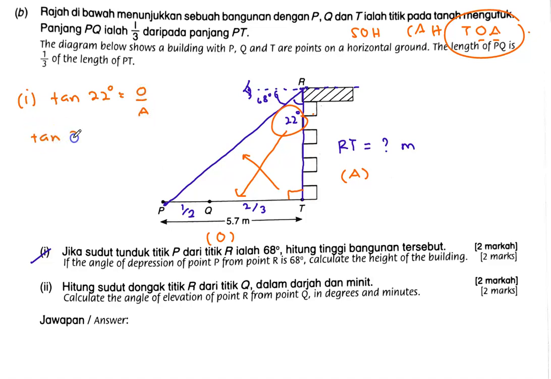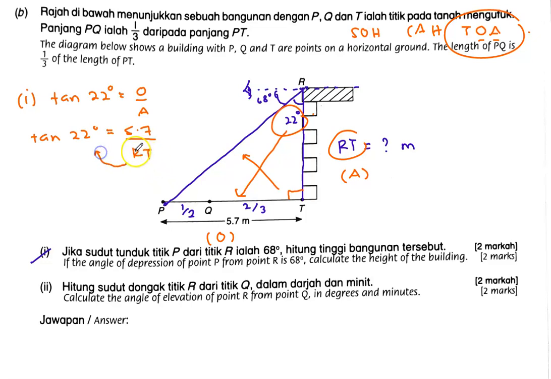Tangent 22 degrees equals to O over A, which is 5.7 meters over the adjacent. We don't know how many meters, so I'm going to leave it as RT itself, so it's easy for us to recognize that this is the line we are finding.